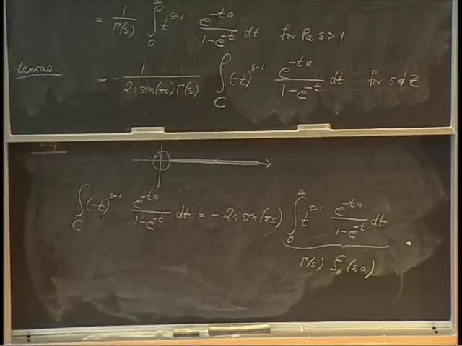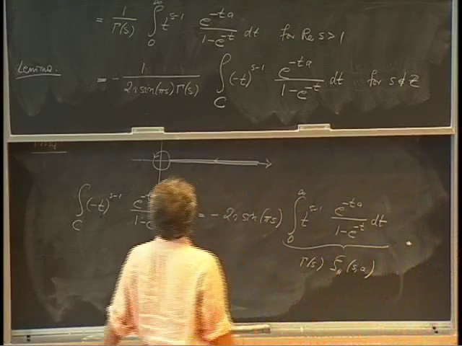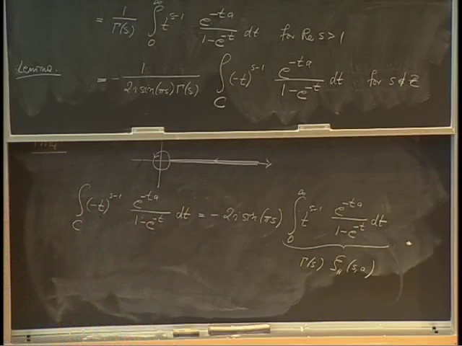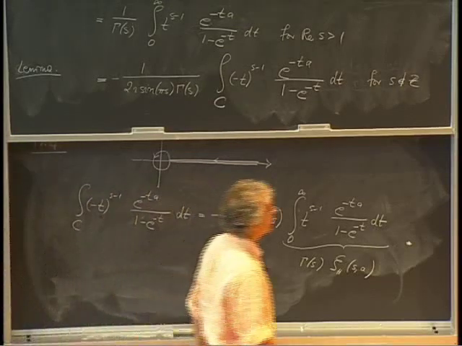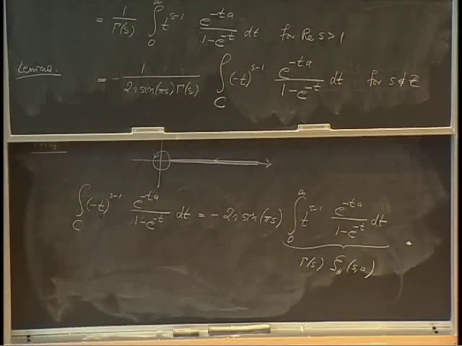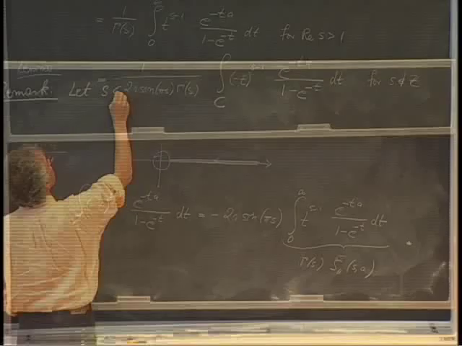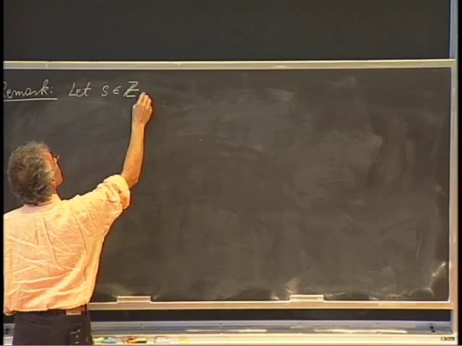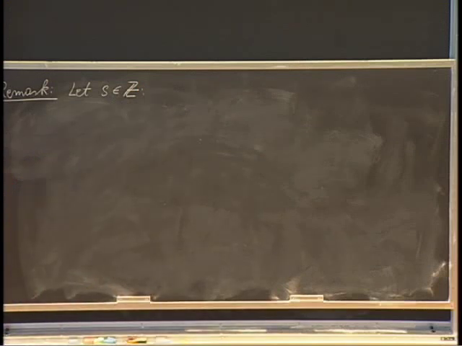Now, why is that representation nicer in certain respects? Well, let's look at how to evaluate the properties at the points S equals negative k. I mean, we just said that this representation is not valid at these points. So a remark about the understanding.